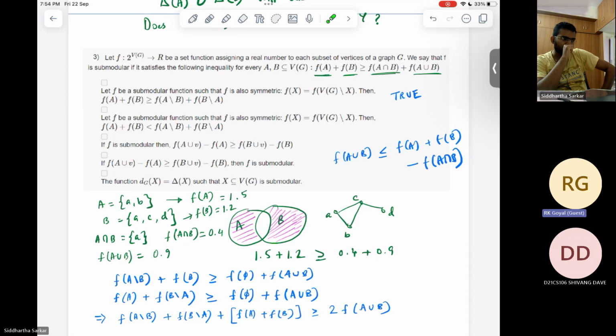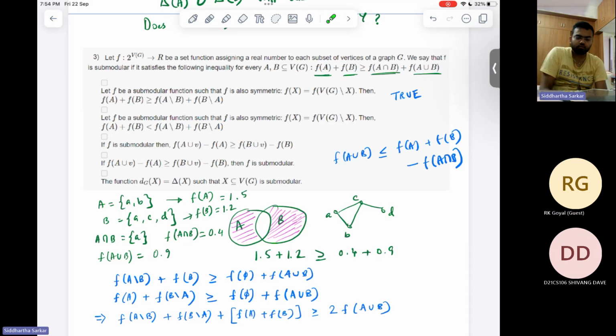Since we are working with symmetric f, this complement thing should make sense. Yes, we have to use this somehow. A union b complement and a intersection b complement are related to a minus b, right?